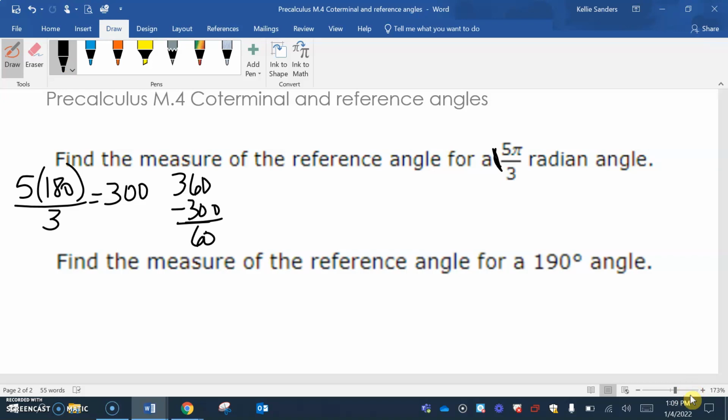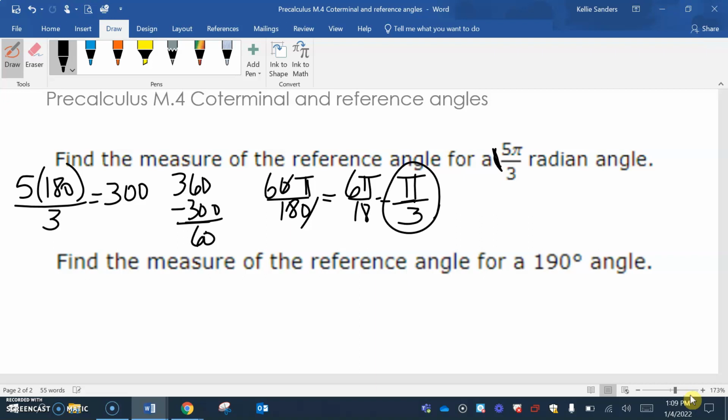So then we're going to have to convert it back to radians, and 6 pi over 18 reduces to pi over 3. Or we could have done 2 pi minus 5 pi over 3, which is 6 pi over 3 minus 5 pi over 3, which is pi over 3.